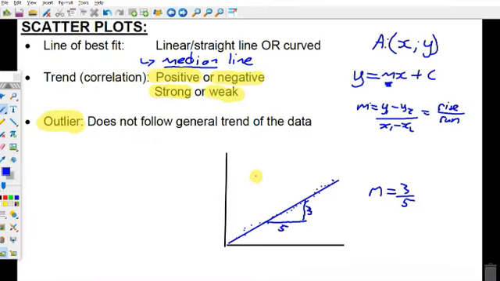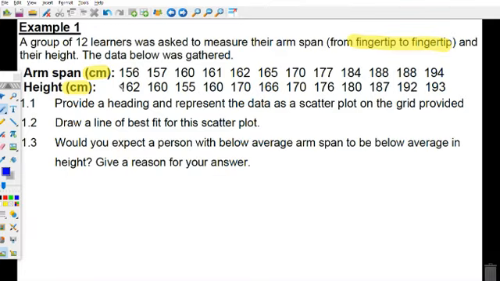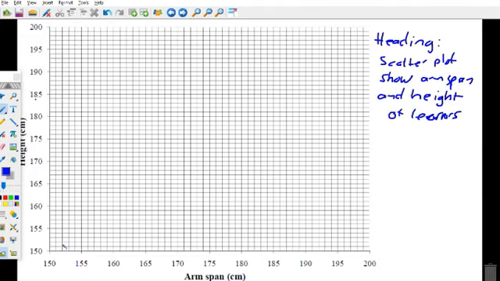So let's go to here. The first one, this data here goes together. My arm span is my X, my height is my Y. So let's put it all in there in the coordinates. The first one is 156 and 162. So we're going to find 156, the 156 is over there.